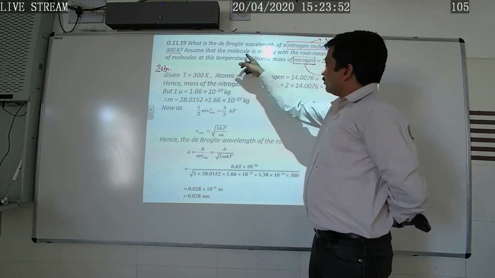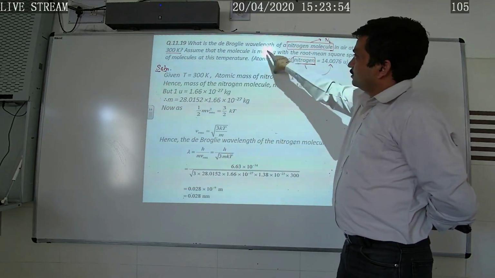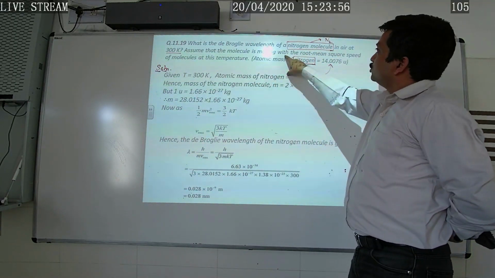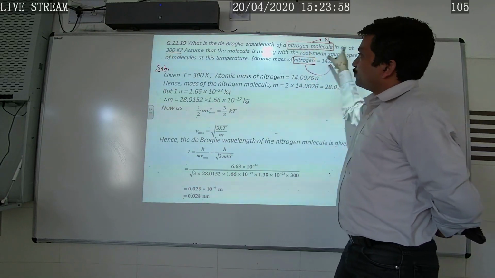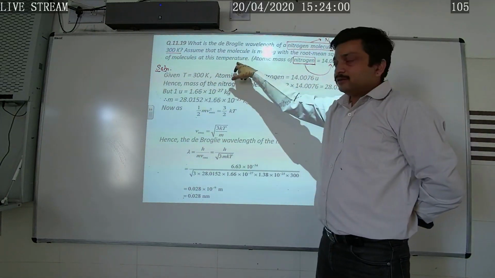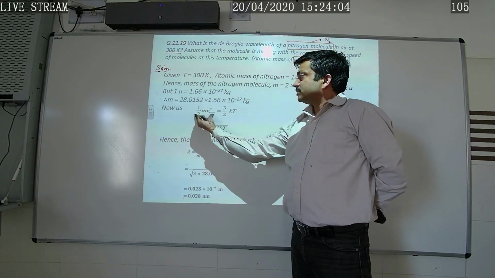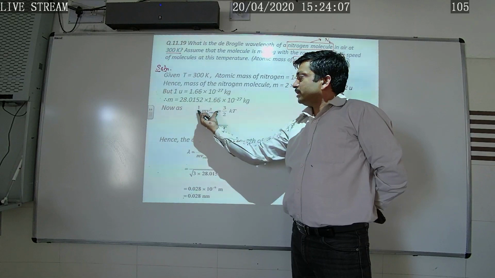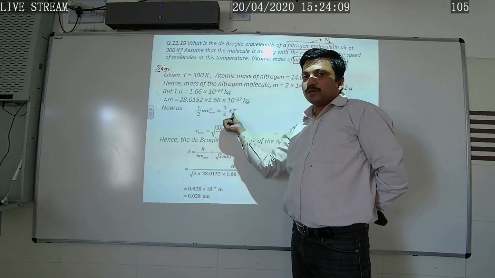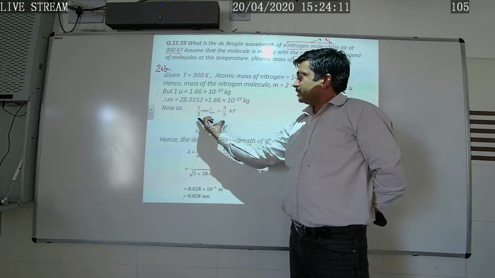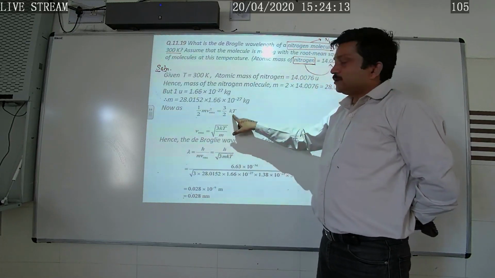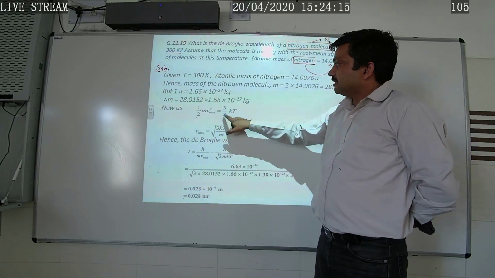According to the condition given, the molecule is moving with the root mean square speed at this temperature. As we studied in 11th class, the average of 1/2 m v_rms squared equals 3/2 kBT. That is the average kinetic energy, and this is its relation with absolute temperature.